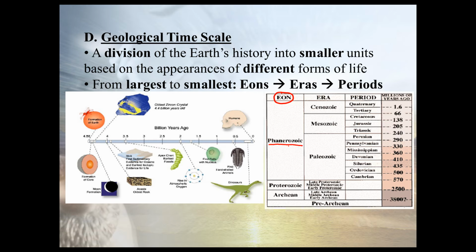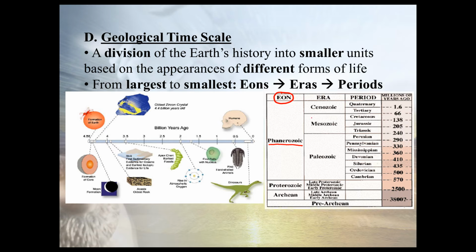So if you look right here, this aeon, I'm going to totally mispronounce this, Phanerozoic. If you look at the actual time here, the time of this aeon would have been 570 million years. We can take this aeon and break it into some smaller eras.